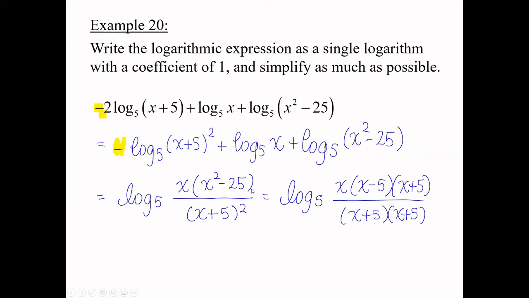It's a conjugate. So now we can cancel these x plus 5s, leaving us log 5 of x times x minus 5 over x plus 5.